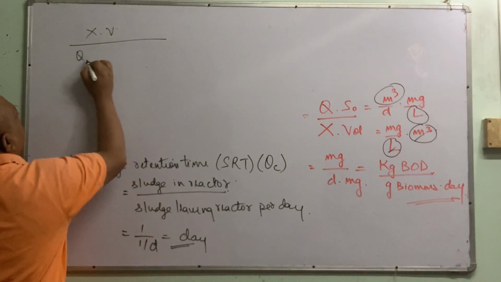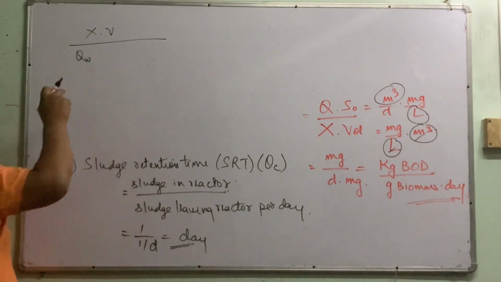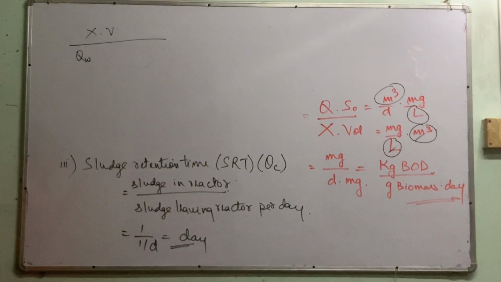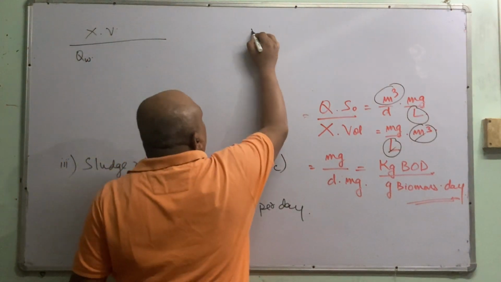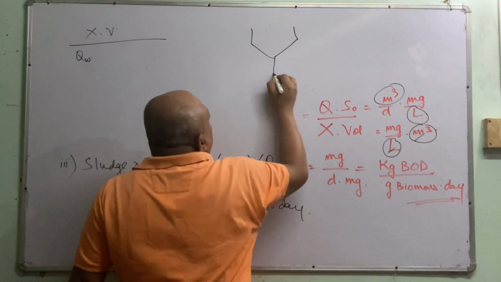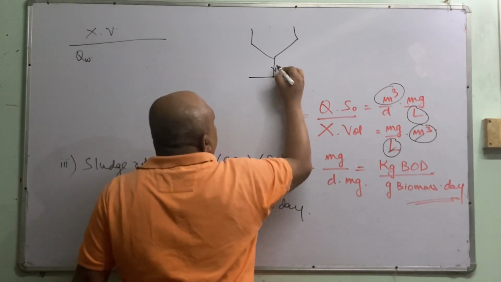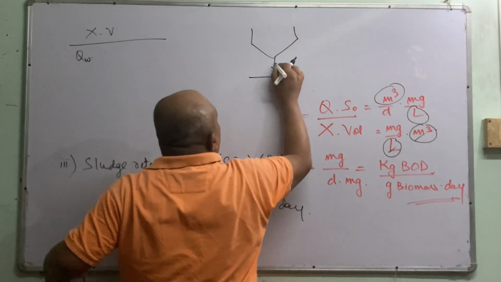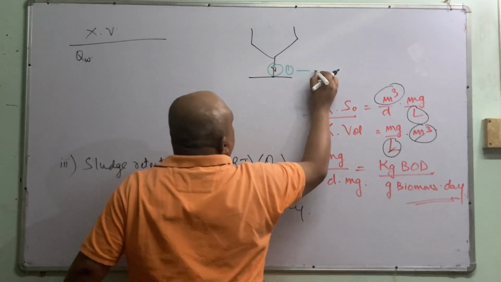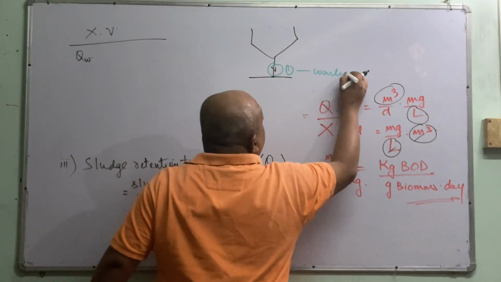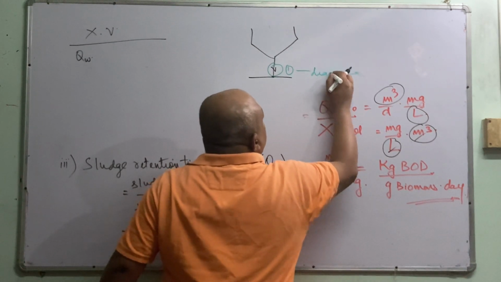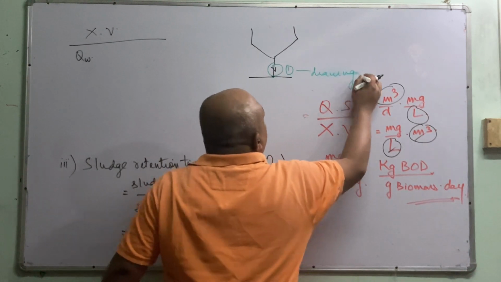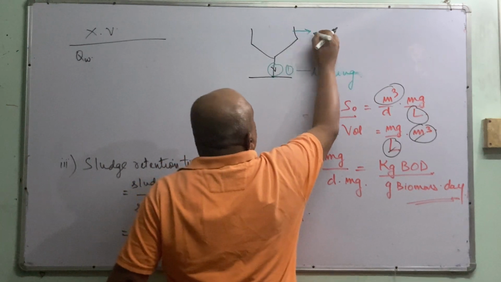That is QW, the wasted discharge, as you remember, look over here again. We are wasting the sludge, it is leaving, and some of the sludge also leaves from here.